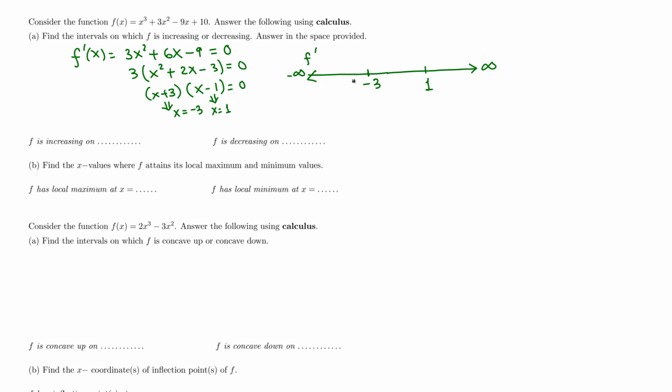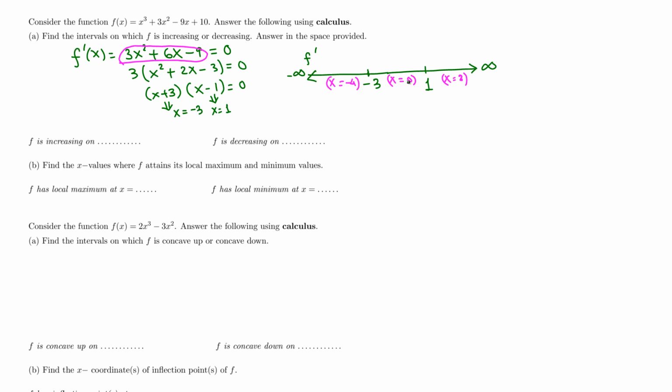We take a representative from each interval. So let's take any number here, negative 4. Let's take 0 and 2. Now we plug this value into the derivative, which is here: 3x squared plus 6x minus 9.